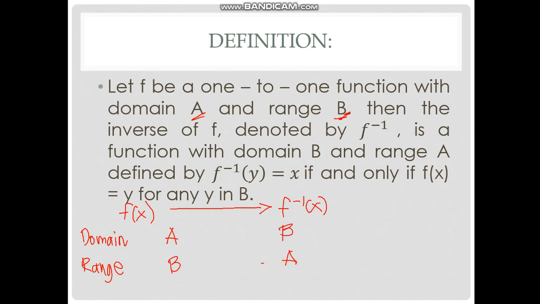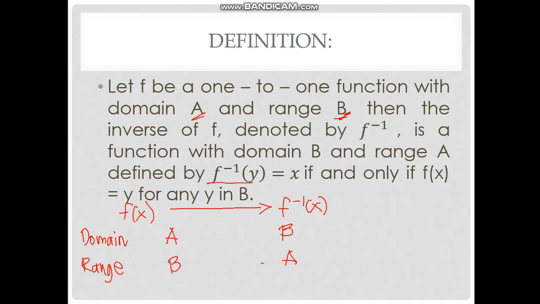So parang na-interchange lang. In f of x, all possible values of x will now become all possible values of y in its inverse. Likewise, in f of x, all possible values of y will now become all possible values of x in its inverse.